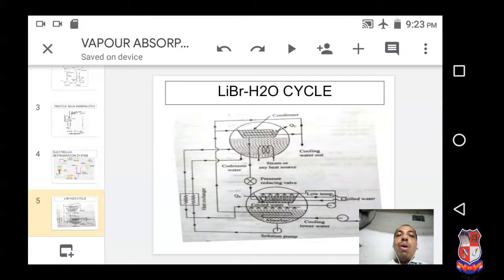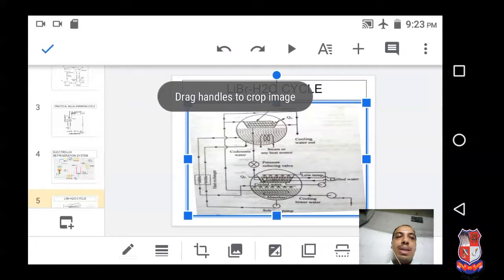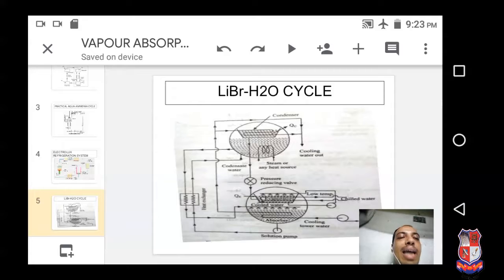Now, because water is the refrigerant, there is one limitation of this cycle: we cannot use this cycle below 4 degrees Celsius. So when a refrigerating effect of 4 to 7 or 4 to 9 degrees Celsius is required, at that time you can use this type of cycle, otherwise you cannot. Here we know that there are two vessels.